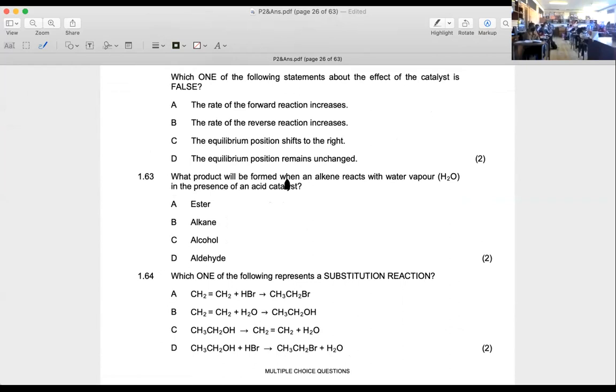What product will be formed when an alkene reacts with water vapor in the presence of an acid catalyst? Wow. Okay, alkene plus water will form what? Will it form an ester? Will it form an alkane?